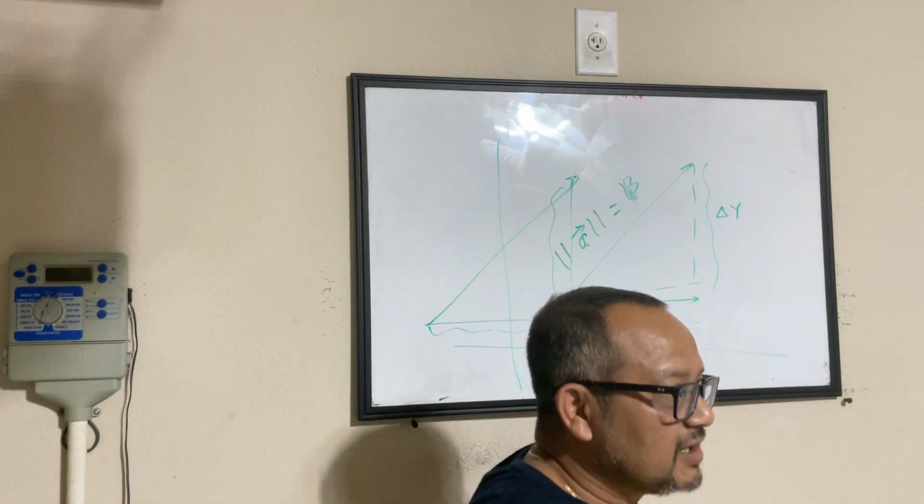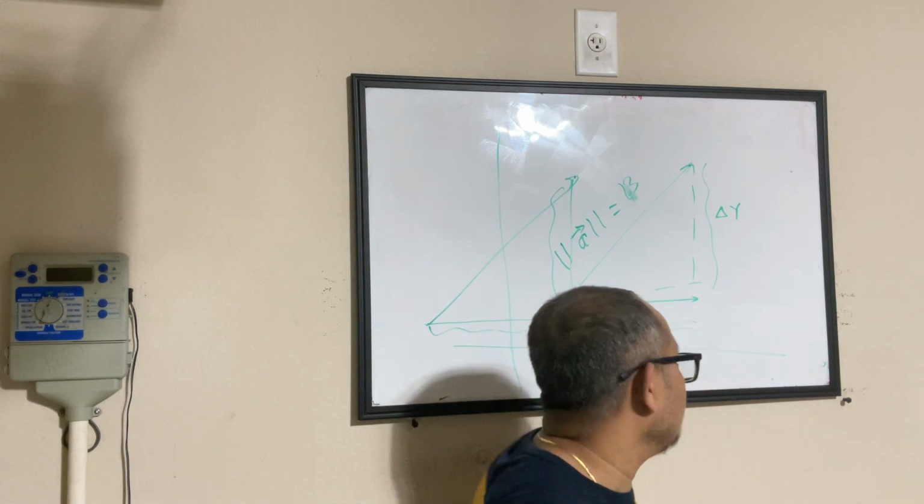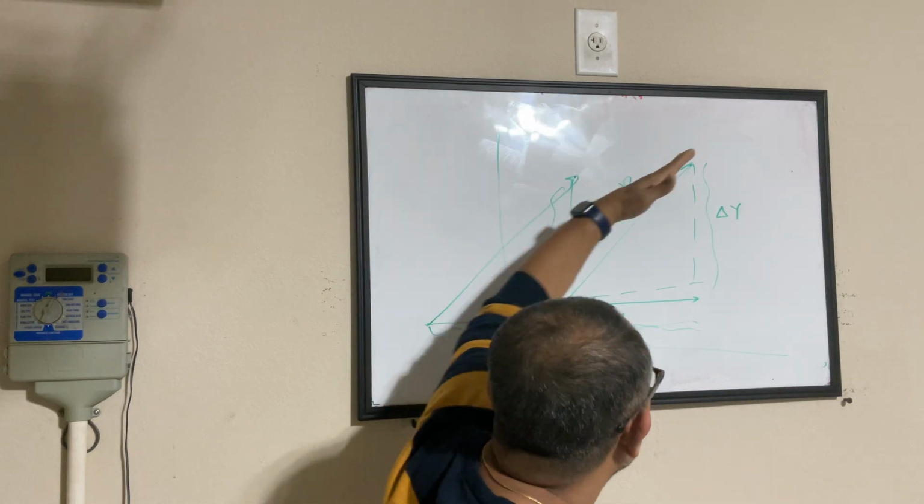Any vector that you talk about only talks about magnitude and direction. And what is your magnitude? This length is your magnitude.